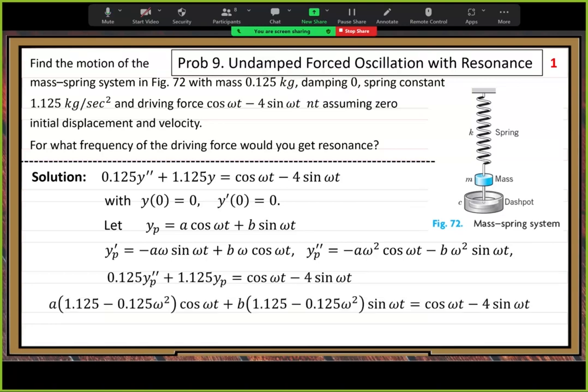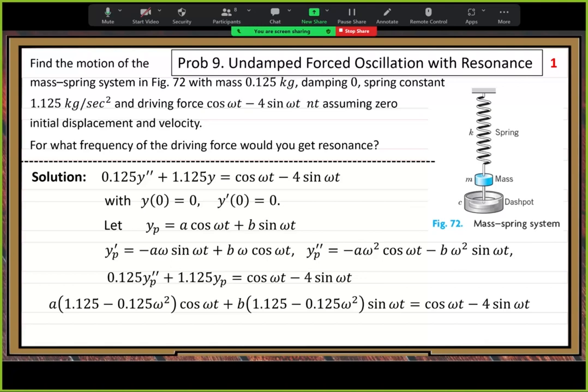We need to use our new expressions to plug in and compare left-hand side and right-hand side. Compare the coefficients of cosine omega t and the coefficients of sine omega t, and each one should be the same.